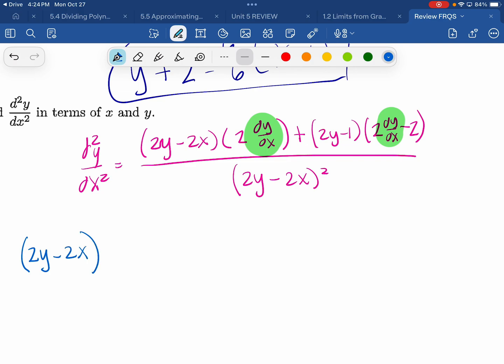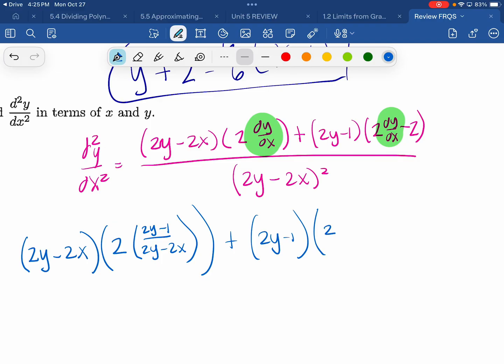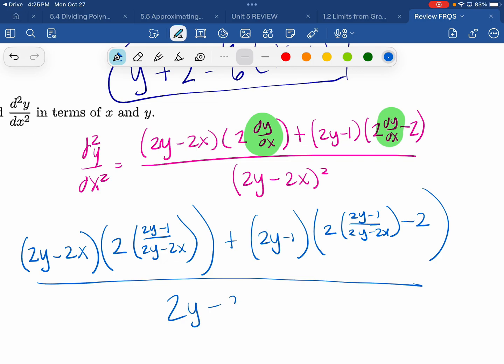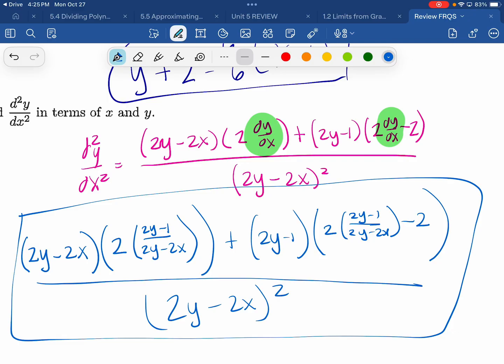I would not suggest simplifying. (2y minus 2x) times [2 times (2y minus 1 over 2y minus 2x)], close, plus (2y minus 1) times [2 times (2y minus 1 over 2y minus 2x) minus 2], close, all over (2y minus 2x) squared. And I would not go any farther than that, because if you simplify wrong, they're going to count off. But if you leave it like this, this is good.